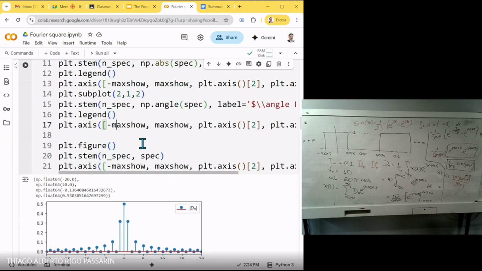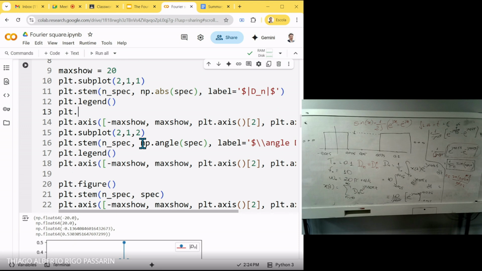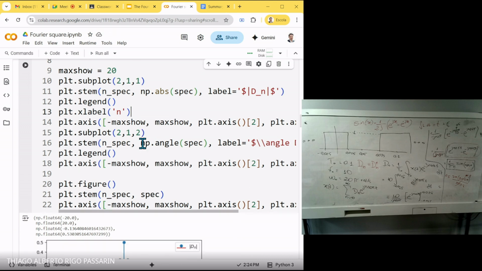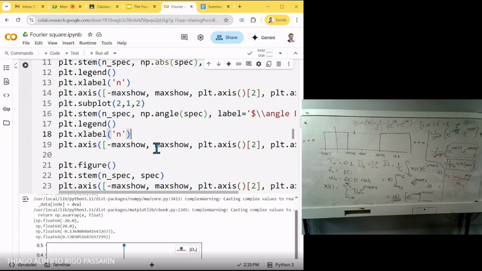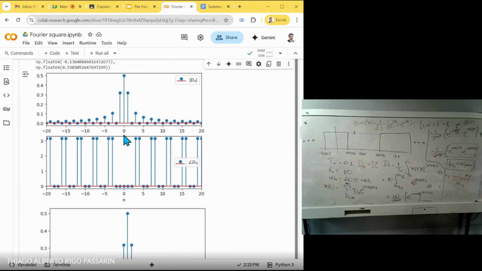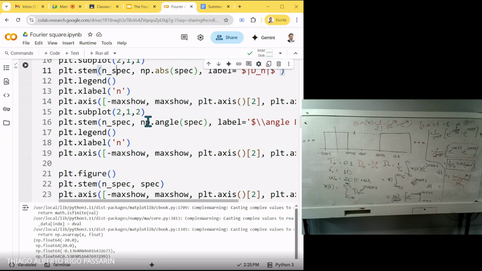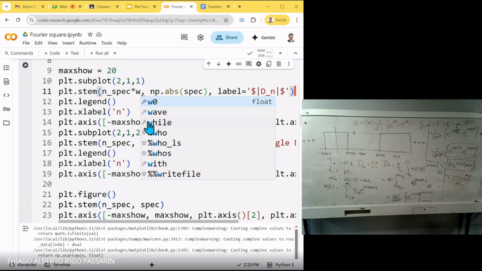So if we keep it like this, we can do plt dot x label n, and same here. But I prefer to plot not the value of n, but the value of n times omega 0.